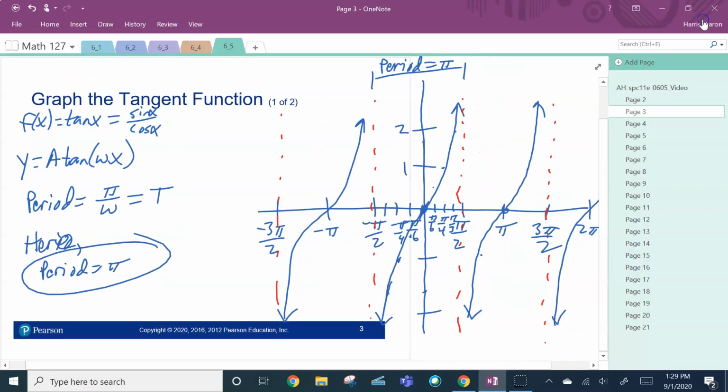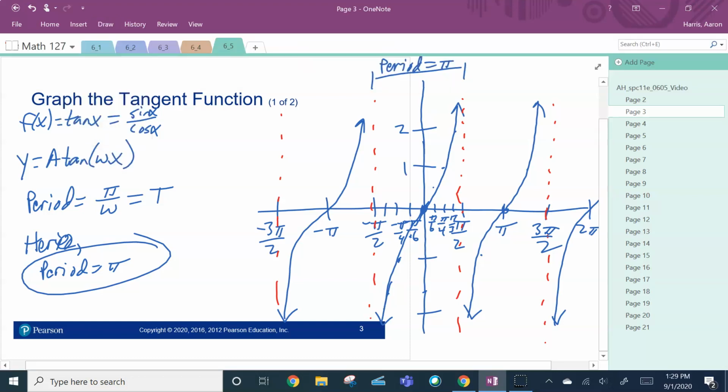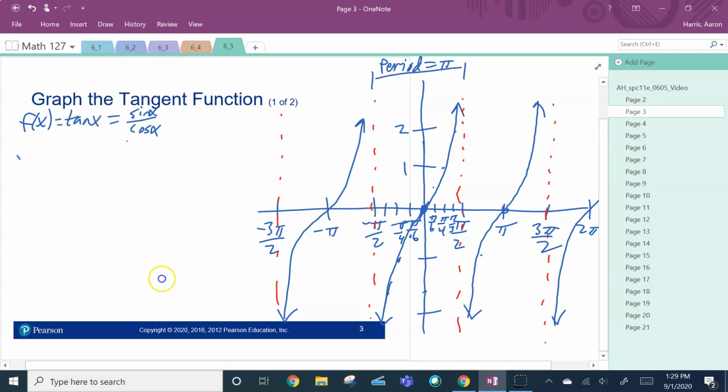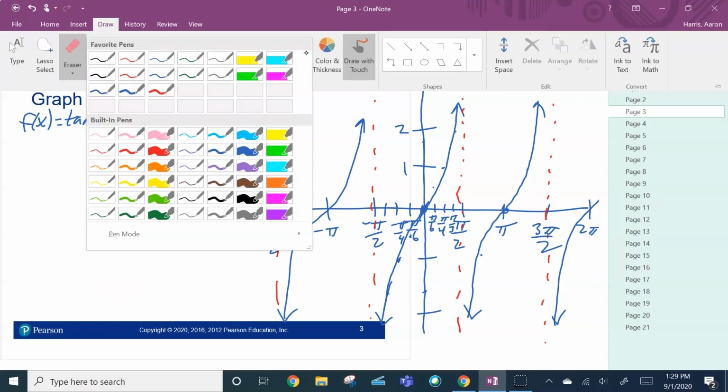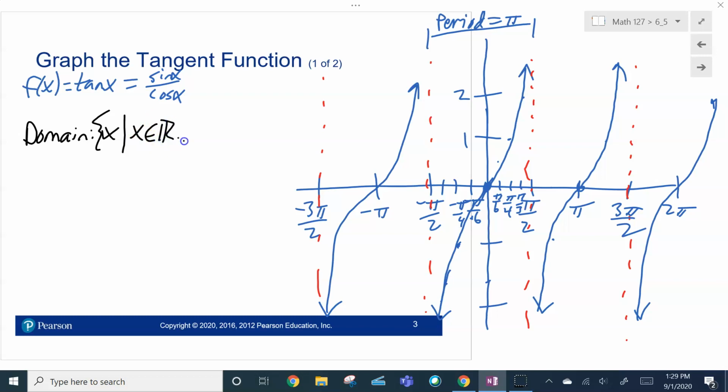Our domain here, let me erase this. Our domain is all reals except for where we have it being undefined. So x cannot be, notice, pi/2, negative pi/2, all these vertical asymptotes, it's undefined there, right?